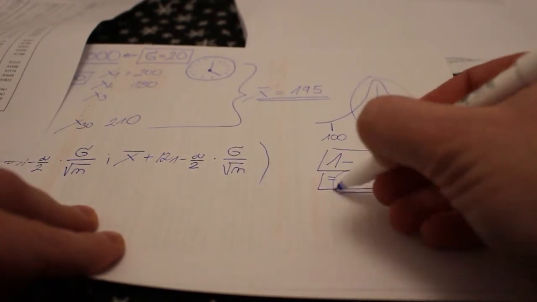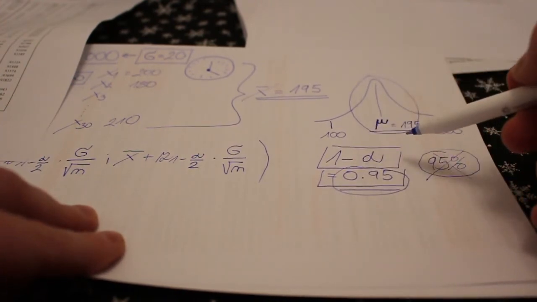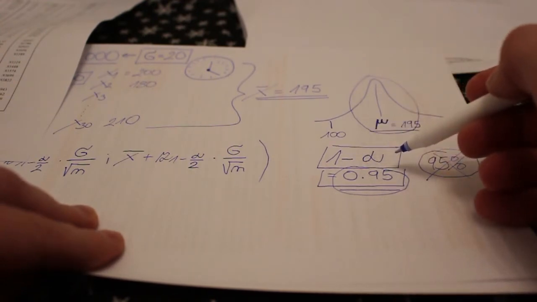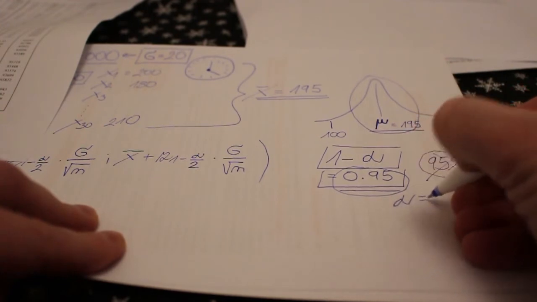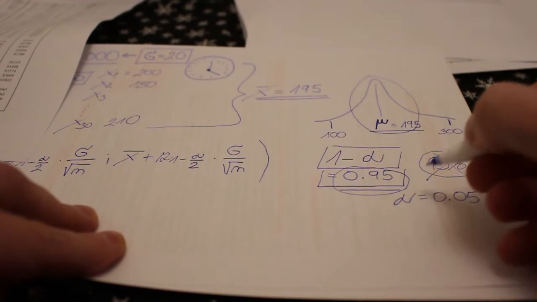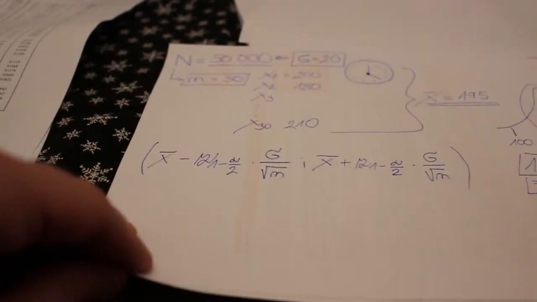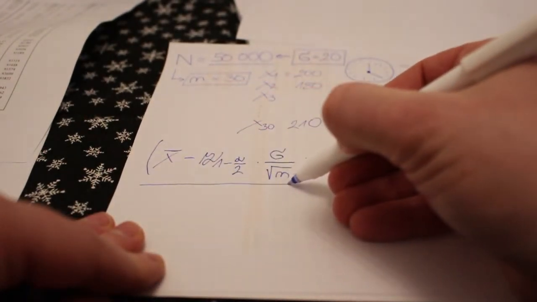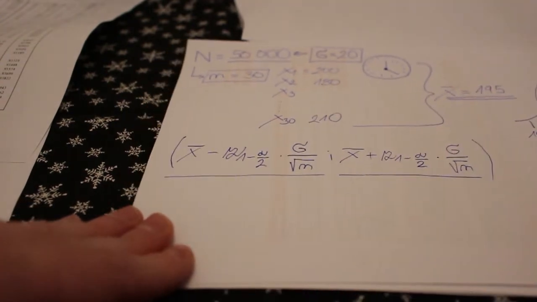And according to the presentation given by Mr. Hellman, this is 1 minus alpha, the confidence level. So we know that alpha is equal to 0.05, and this alpha is very important for us because it is also used in the left side and the right side of this interval.